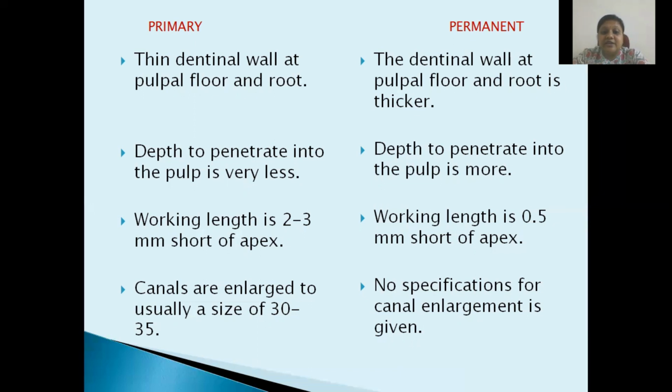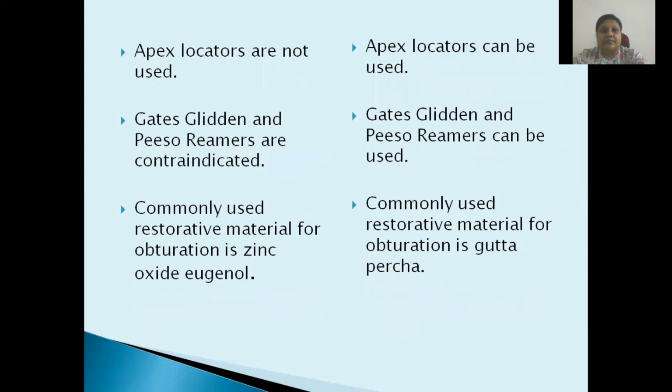The canals are enlarged, usually up to a size of 30 to 35, in primary teeth. No specification for canal enlargement is given for permanent teeth. Apex locators are generally not used for primary teeth, and we can use apex locators for permanent teeth.